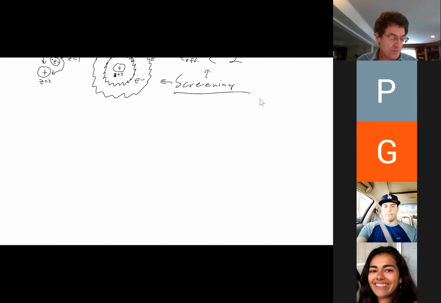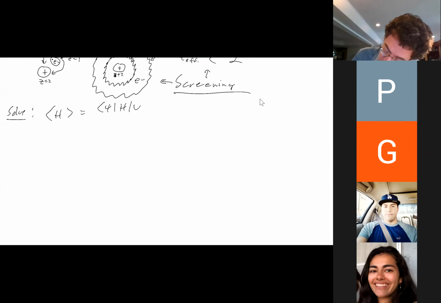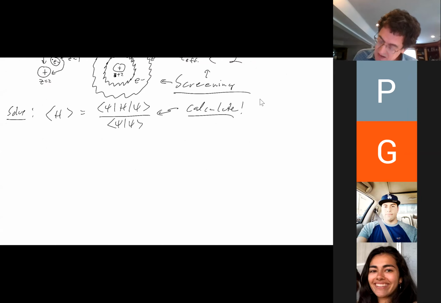So now we have a wave function, and we just have to solve for the expectation value of H, which is psi H psi. We've got to just calculate now, because now we have a wave function.